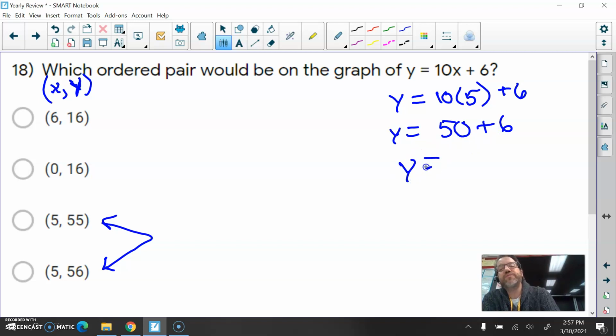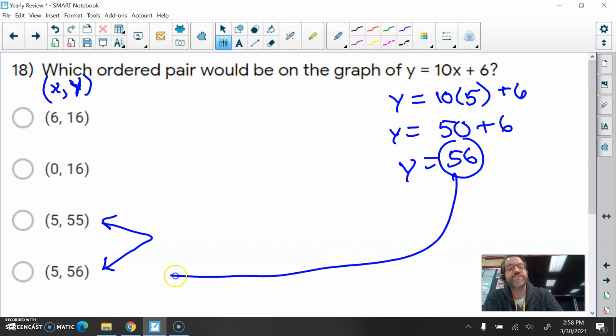So y equals 56. Oh my. Does either one of these have a 56 in your y position? Yeah, that one right there. So when x is 5, y does end up equaling 56. This is your answer right here.